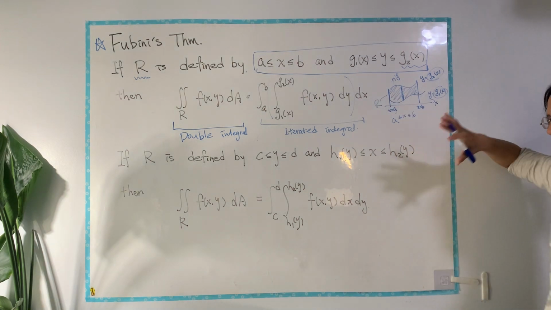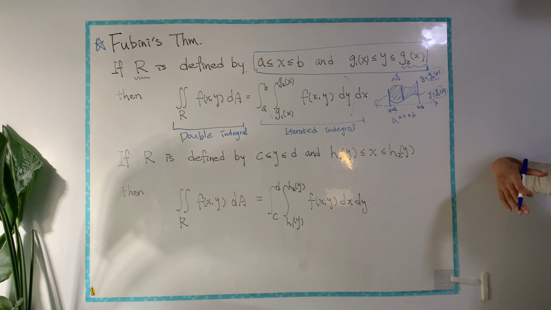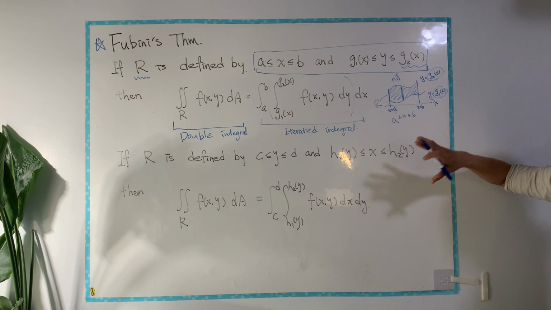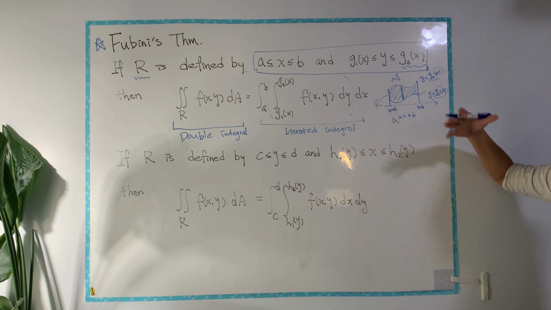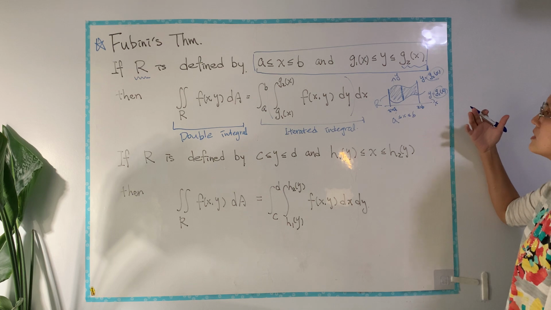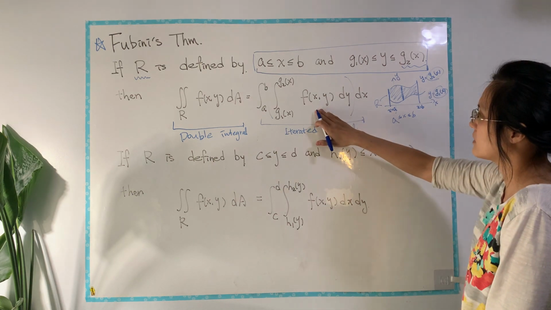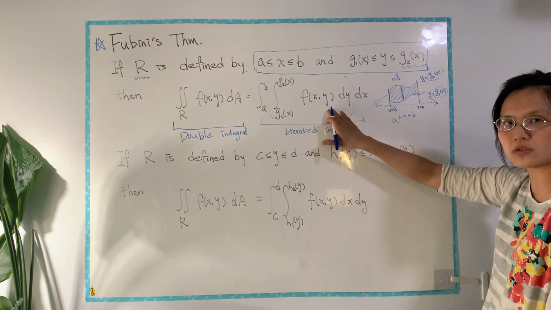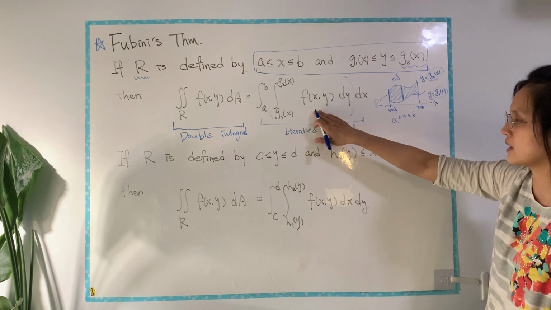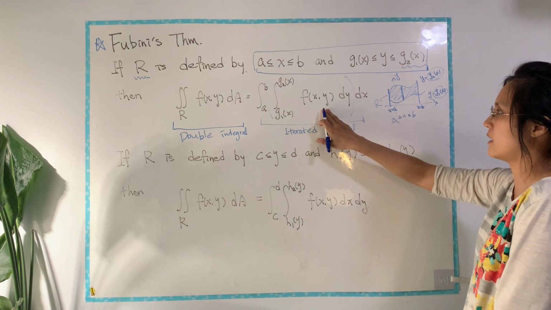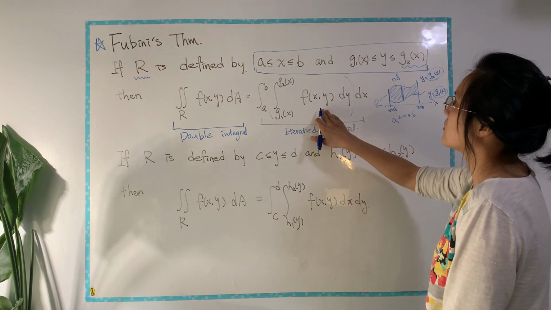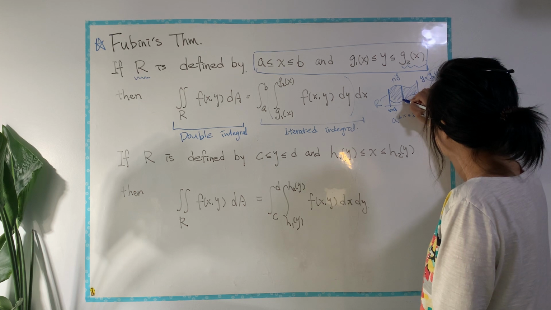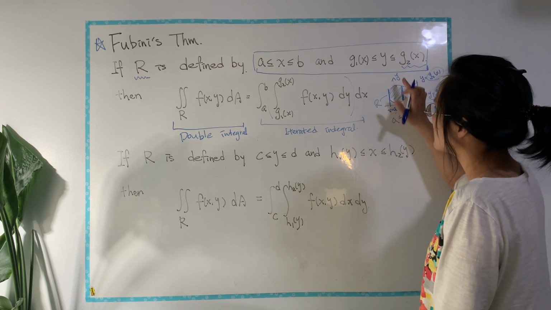All right, suppose you have a function f over this region R, and you want to find its double integral. Fubini's theorem tells you to write this in terms of an iterated integral. You integrate f, keep the integrand the same. Don't change anything with the f. Just copy down the f. Then you look at the y direction.